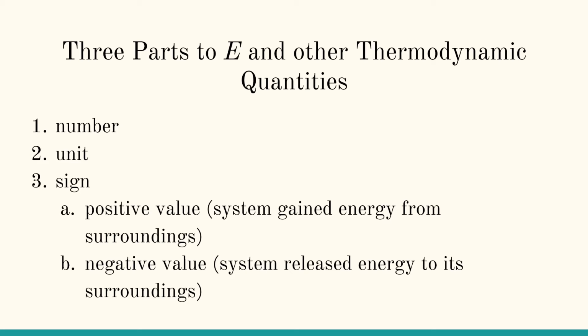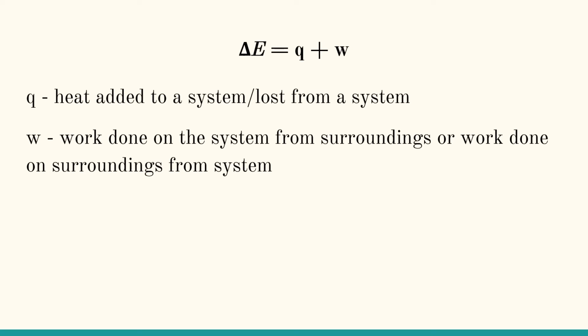The negative value is releasing energy, defined as Q plus W. So Q is our heat added to a system or lost from a system. W is the work done on the system from the surroundings, or work done on the surroundings from the system.